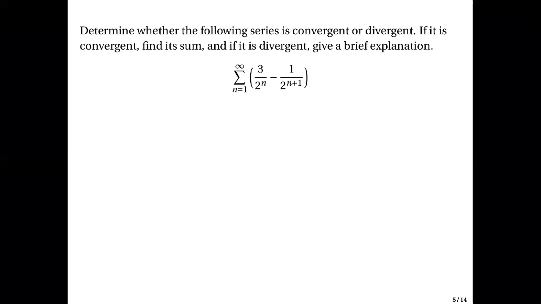So this series here, we rewrite as the sum as n runs from 1 up to plus infinity of 3 over 2 to the n, minus the sum n from 1 to plus infinity of 1 over 2 to the n plus 1.